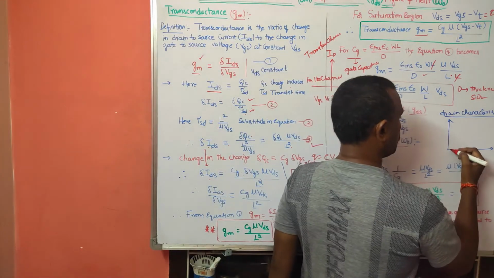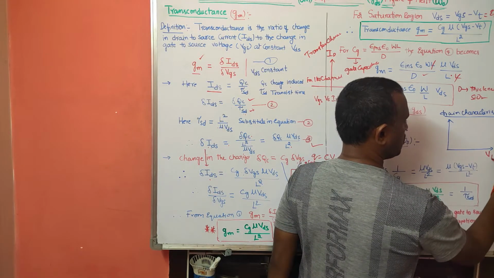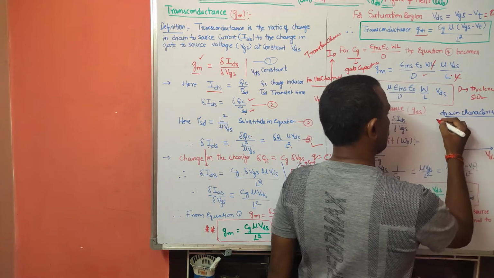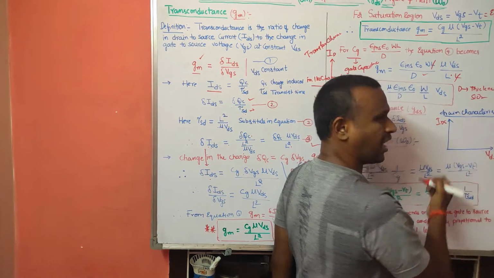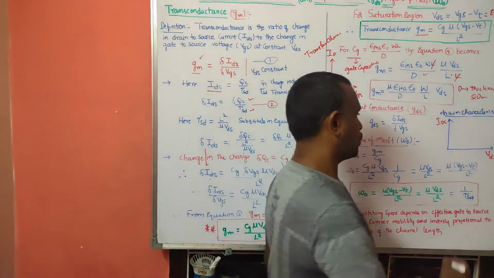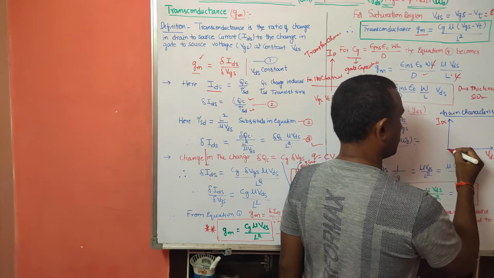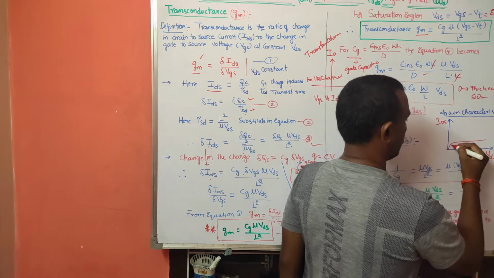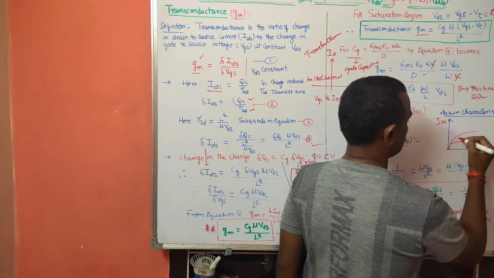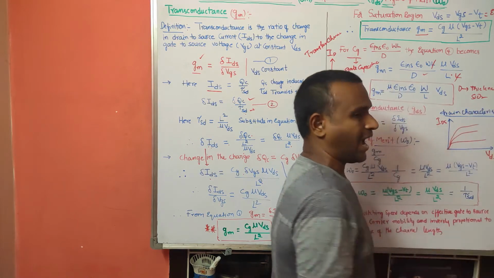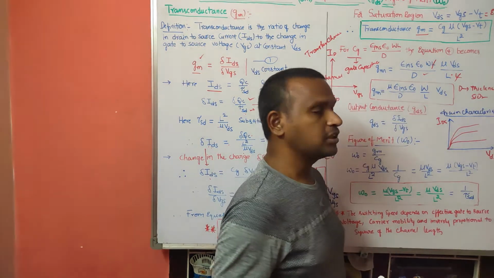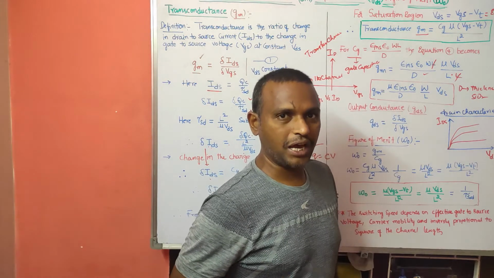If you consider this one as the drain to source voltage and this one as IDS, or ID as we generally consider, I will draw it like this. So these are the drain characteristics or output characteristics.